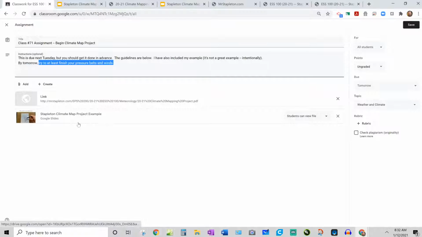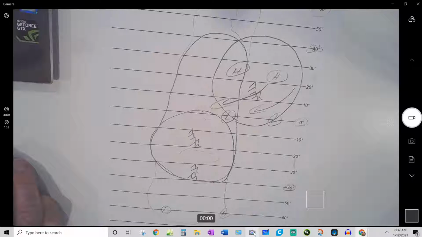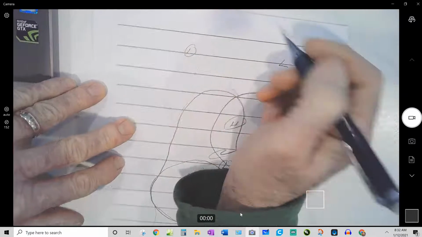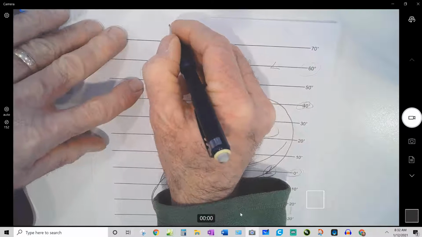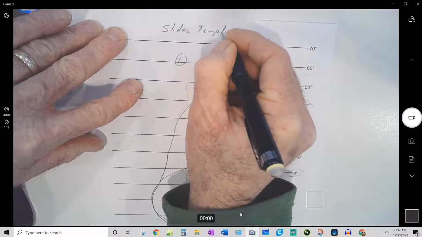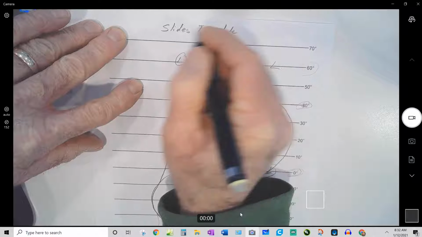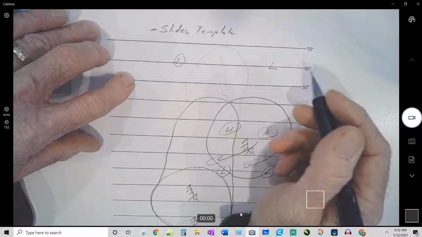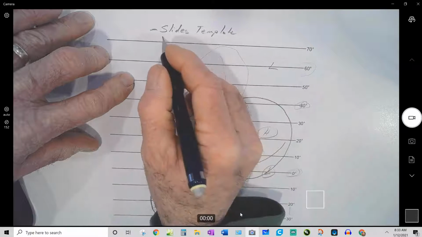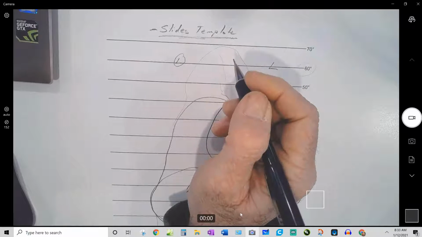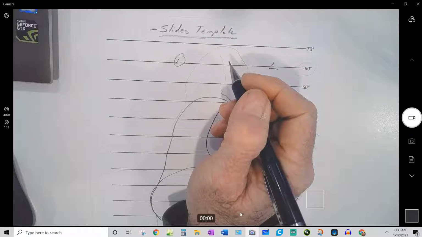So I'm going to make myself some notes here of things I want to add to this. I'm going to add the slides template. So I know only 7 of you have made that Google slideshow and put in your video explaining coastal wet climates that I wanted you to do as an example.